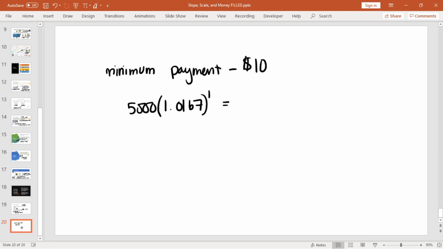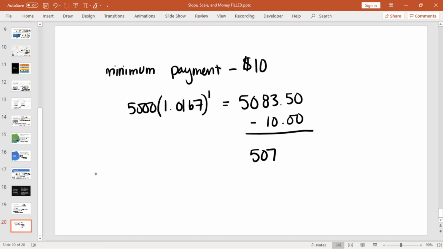And after 1 month, I'm going to owe, but they tell me I only have to pay $10. So I'm going to owe, oh my goodness, this much. That's what I owe after 1 month if I make only the minimum payment.